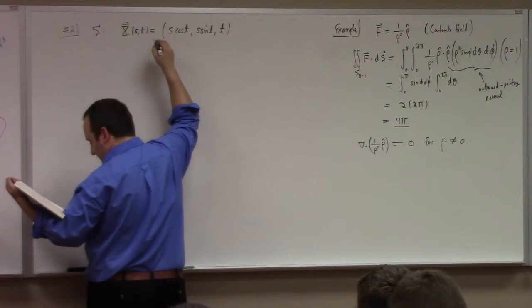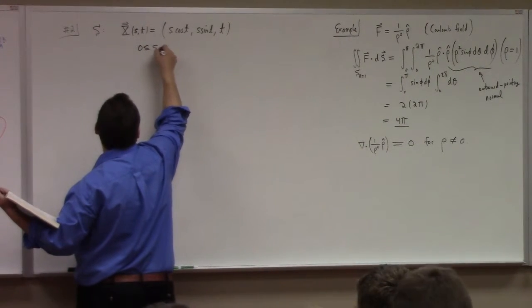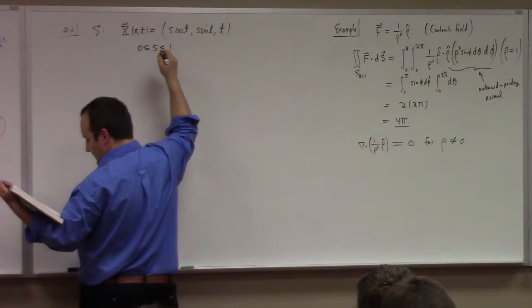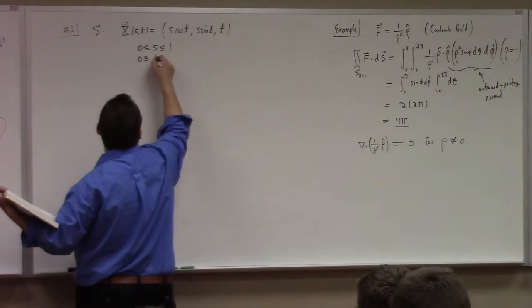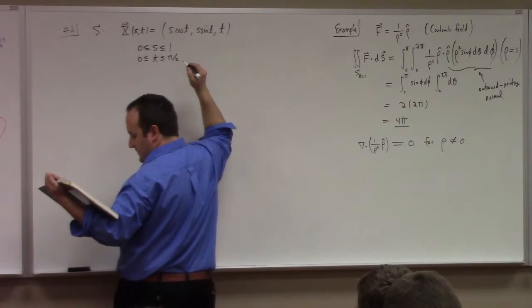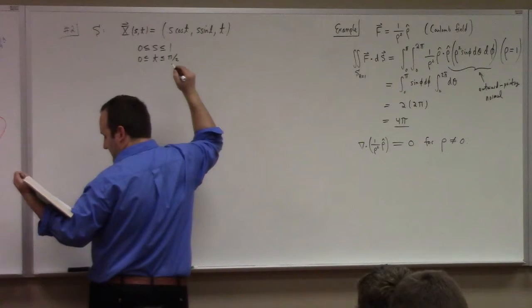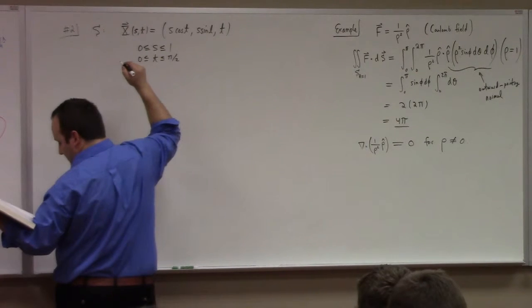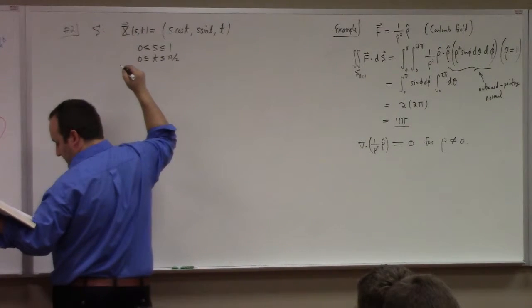And this is for the parameter ranges 0 less than or equal to s less than or equal to 1, and 0 less than or equal to t less than or equal to pi over 2. We're asked to verify Stokes' theorem for the given surface and vector field.